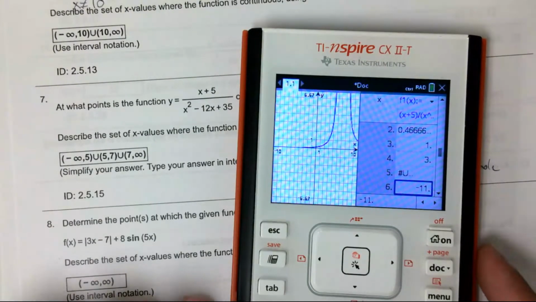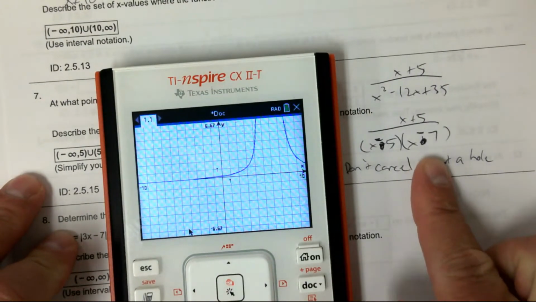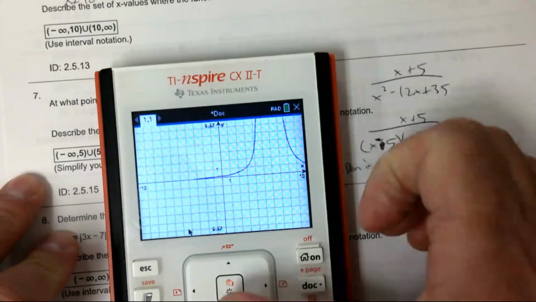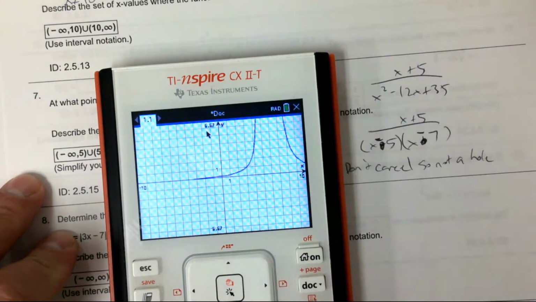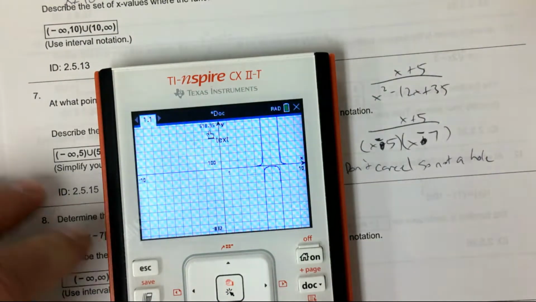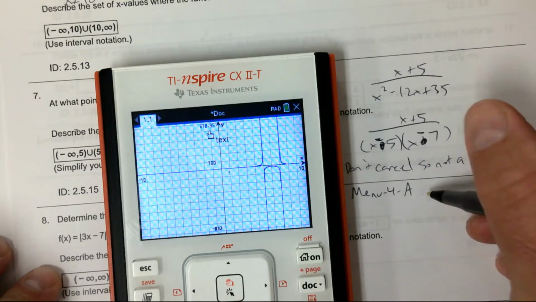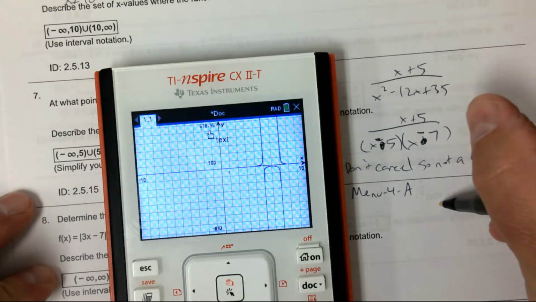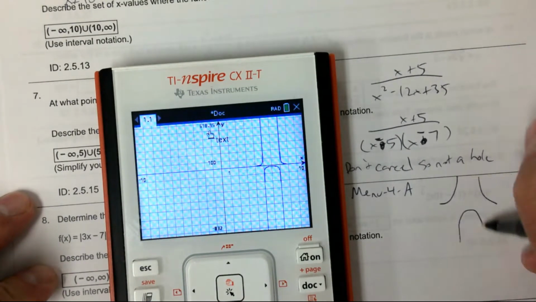But like I said, you can't always see everything. So we might have to adjust our window. I'm going to do menu 4A. When you do that, it helps a lot on that particular problem. Because you can see the graph is going to go like this, and down in between.